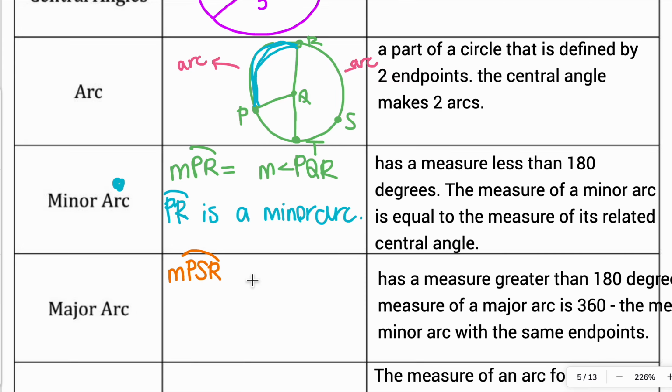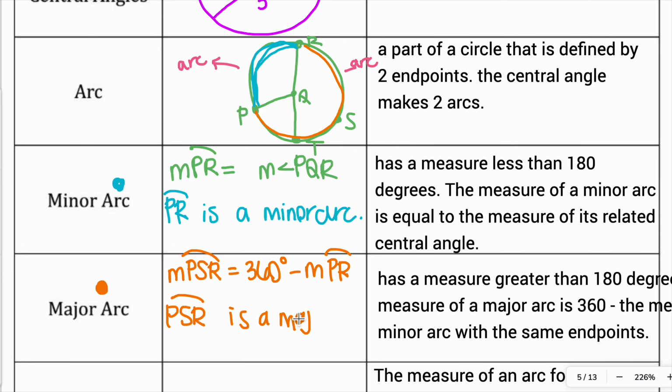Arc PSR is equal to 360 degrees minus the minor arc of PR. So PSR would be from P to S to R. So that's that orange arc we're seeing. So PSR is a major arc.